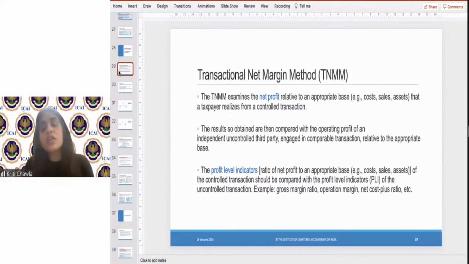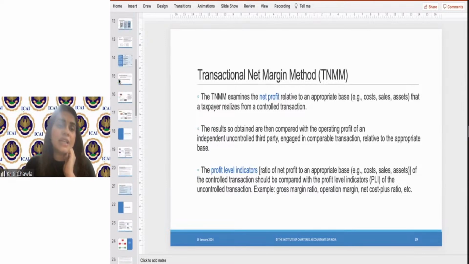And then I find out comparable companies in the industry, or independent parties in the same comparable situation, and I try to find out what margin they are earning. I compare the two margins, and then I'm able to find out whether my party is at ALP or not.